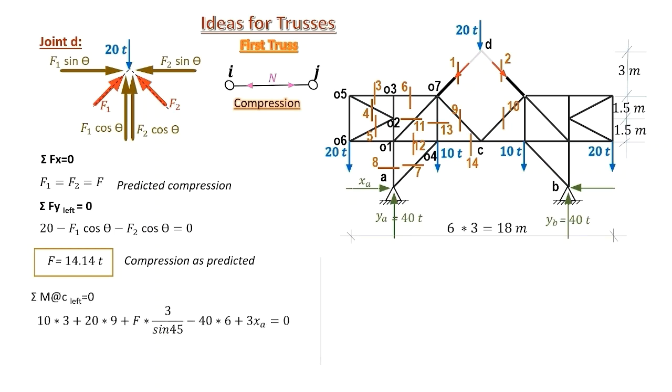So, considering moments at joint C, for just one part, say the left part, we can compute XA.